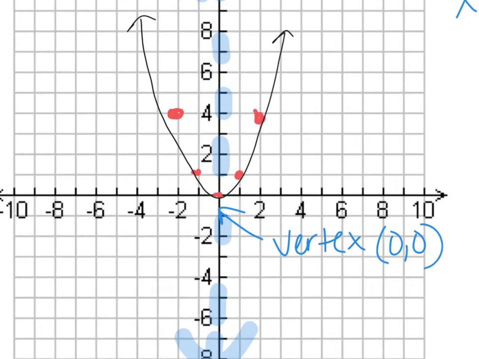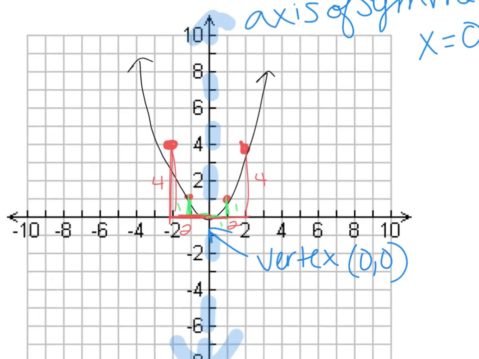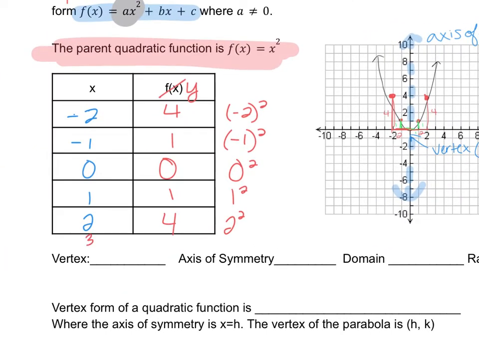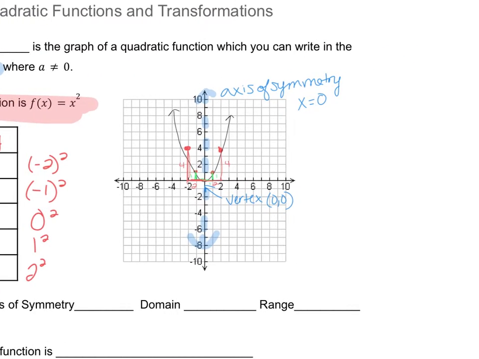Okay, some other things I want you to notice is here. You notice from here to here, it's over 1, up 1. Over 1, up 1, right? Okay, let's do another one. Let's try red. For red to go up to here, it's over 2, up 4. Over 2, up 4. And if I was going to pick the point 3, that would be 3 to the second power, which would be 9.